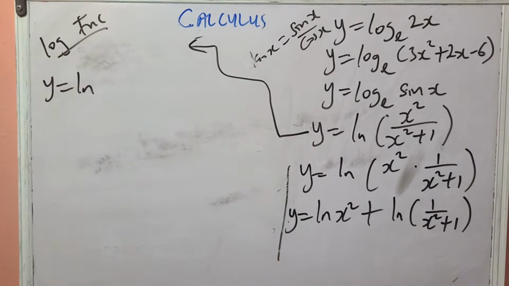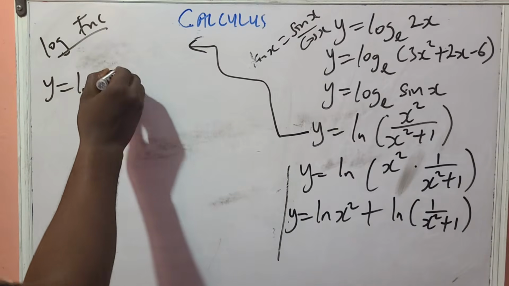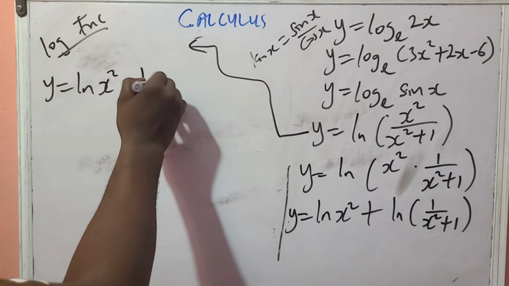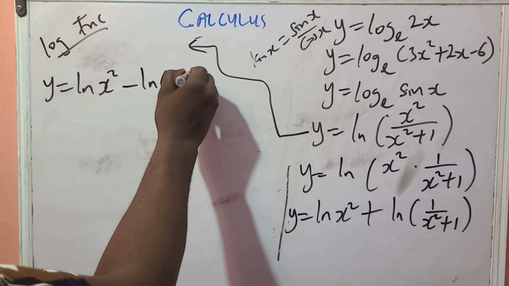Now I can use my division rule. That means I will look at these two things as divided by. And what that tells me under logarithm is that when I have a case like that, I should take it as minus. So it's ln x squared minus ln x squared plus 1.